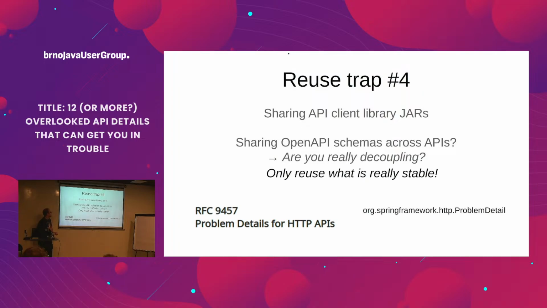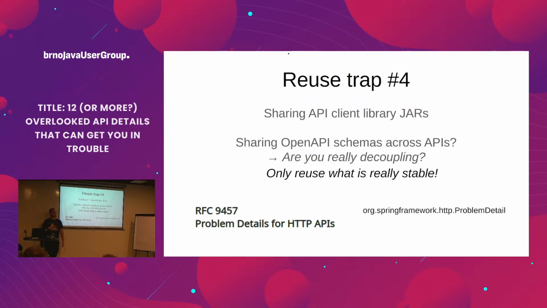Another idea that you may have is to reuse on this OpenAPI schema level, because you may have some structures that are repeated across multiple APIs. Again, it may not be as great an idea as it seems from the start, especially if that part that you want to reuse is not really stable.